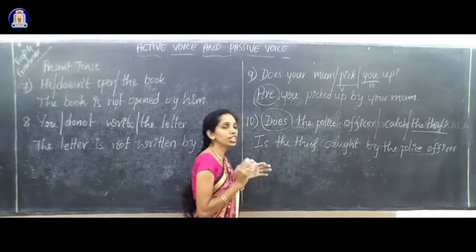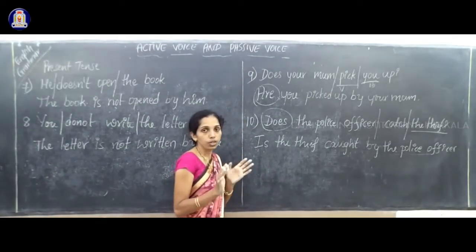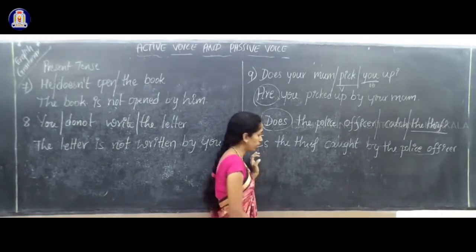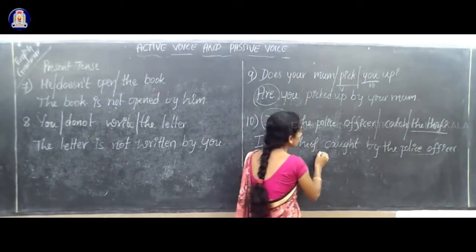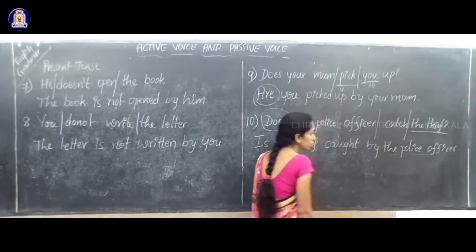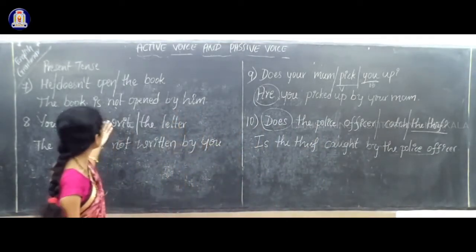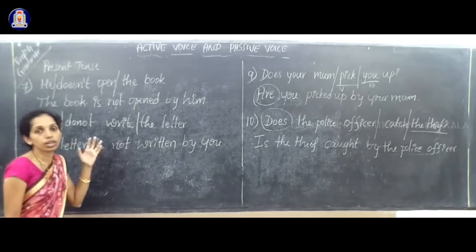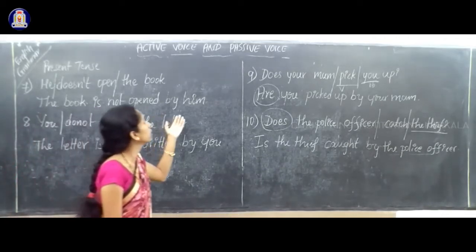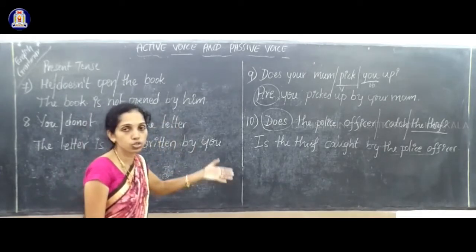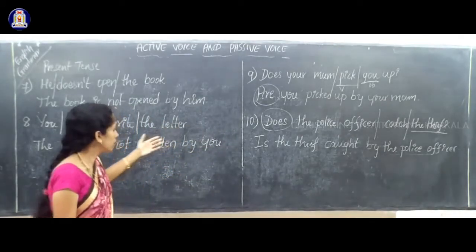If it is particular or known, you can omit it. So this is the way we can write the passive voice of the active voice sentences.